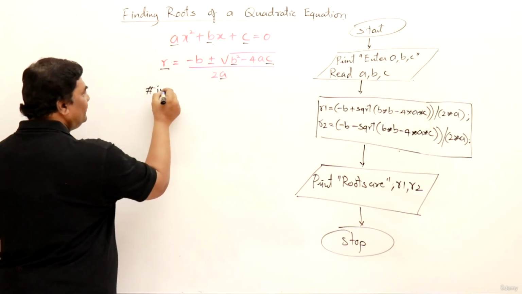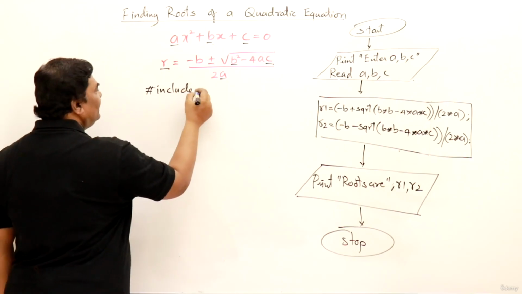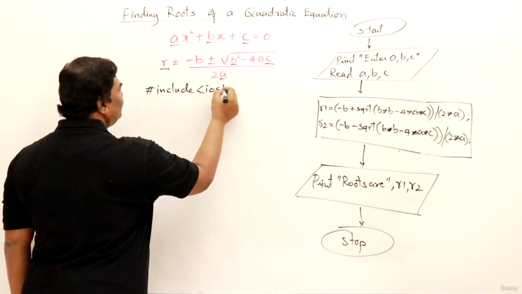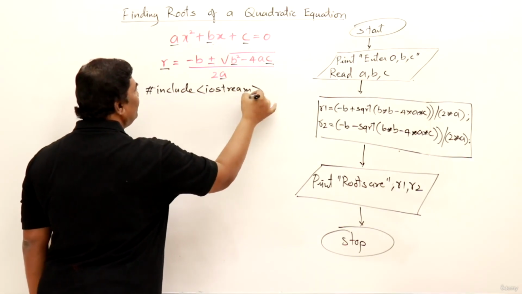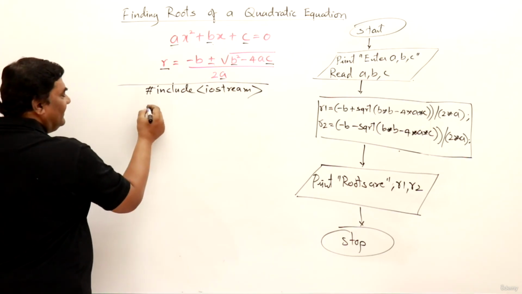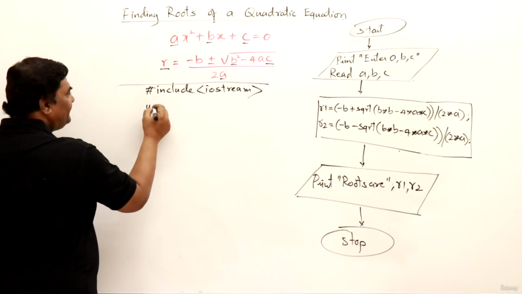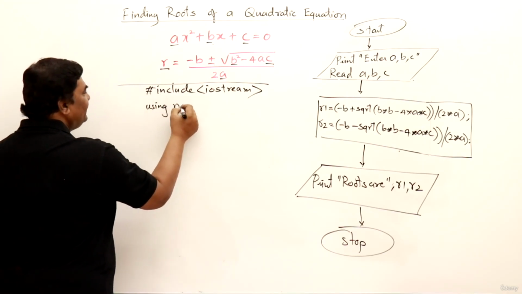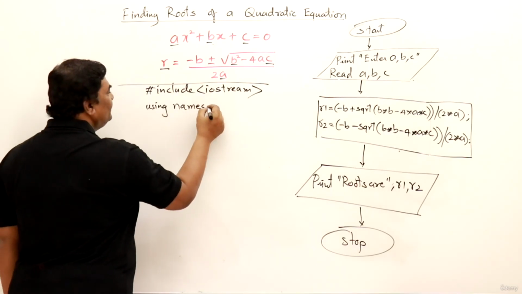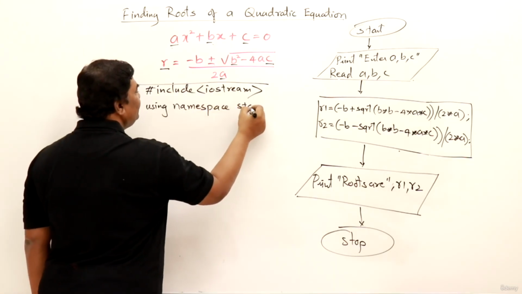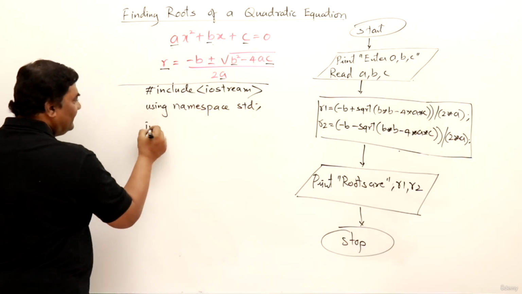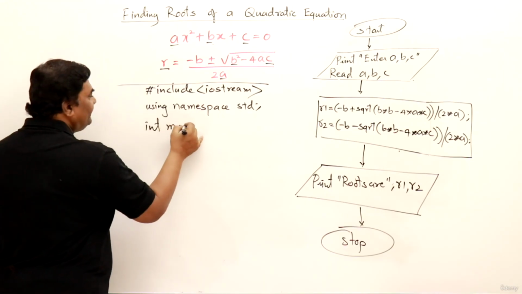The very first thing you know well, that is hash include iostream. Then we have to say using namespace std. Then the main function, this is the entry point of a program.